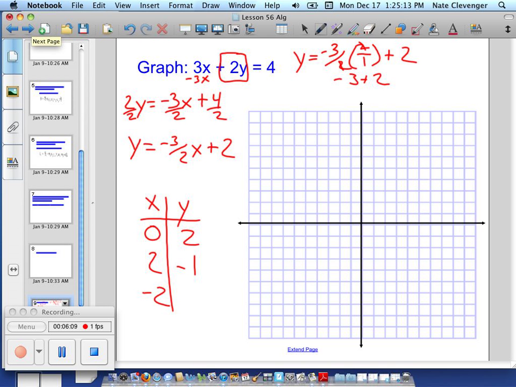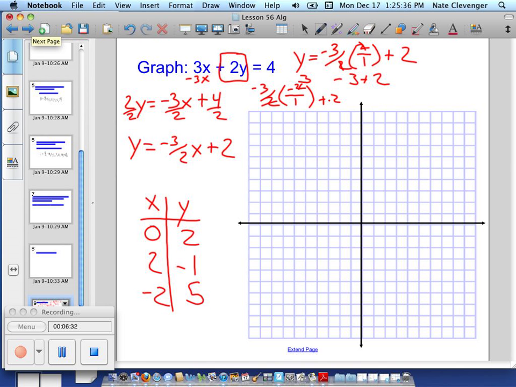And then when I plug in the negative 2: negative 3 halves times negative 2 over 1 plus 2. The 2's eliminate. Negative 3 times negative 1 is a positive 3. 3 plus 2 is 5. And that's just arithmetic. You might have to take a little longer to do that than I did, but that's okay.